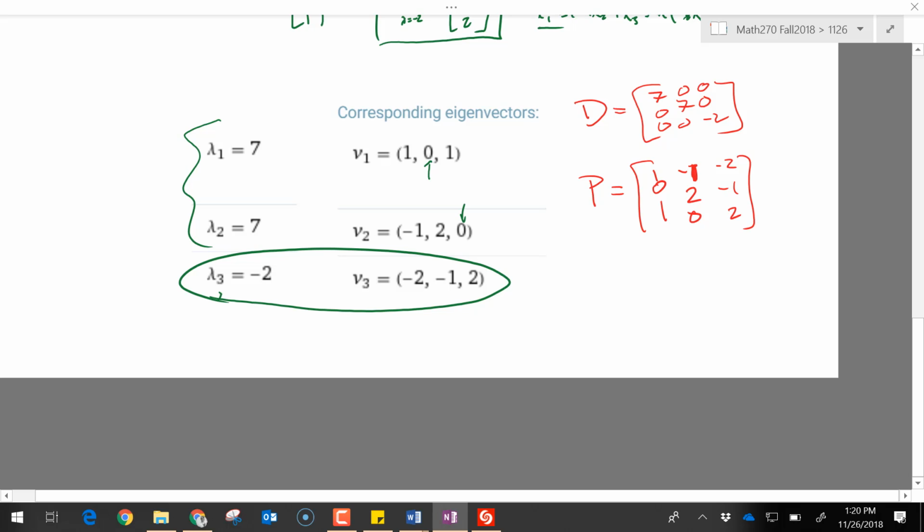If we were to multiply this with the inverse also, then we should get the original D. Another way to write this is your D could have been -2, 7, 7, and then just make sure you write your P with -2, -1, +2 first. Your P and your D have to correspond to each other.